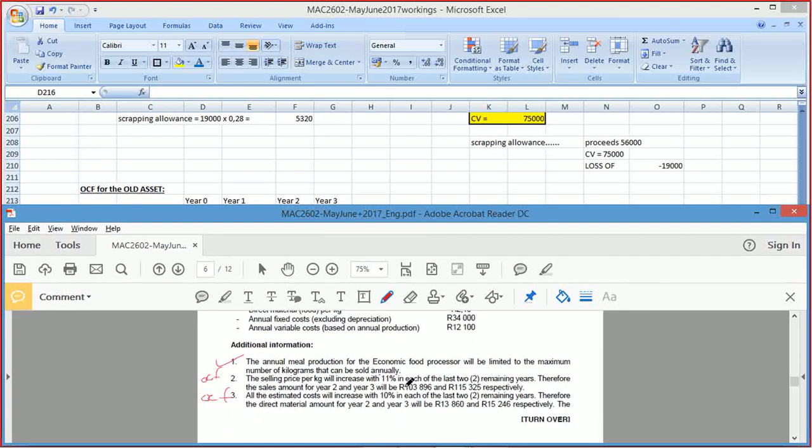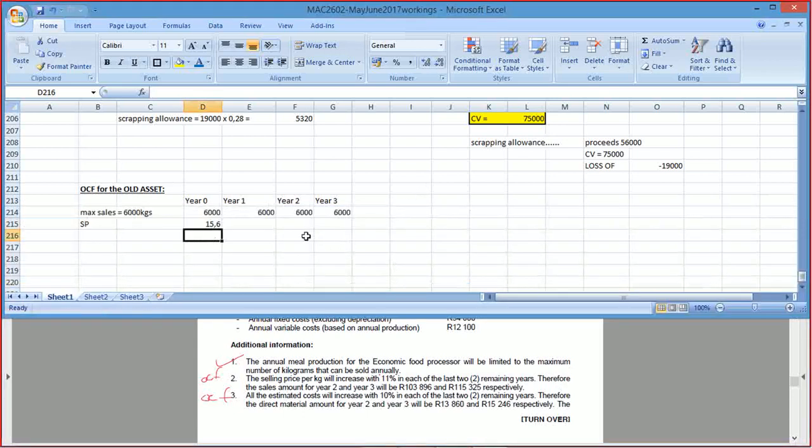The selling price per kilogram will increase with 11% in each of the last 2 remaining years. So the last 2 remaining years. They even gave you the sales though. Therefore, the sales amount for year 2 and 3 will be that and that respectively. So they actually gave you those figures. Let's just check if it's right. 11%, times 1.11. So then revenue.